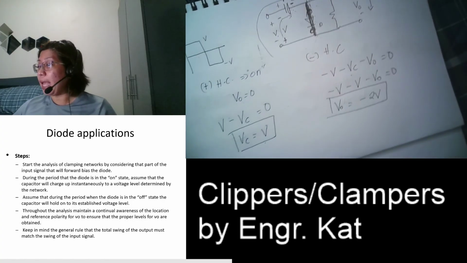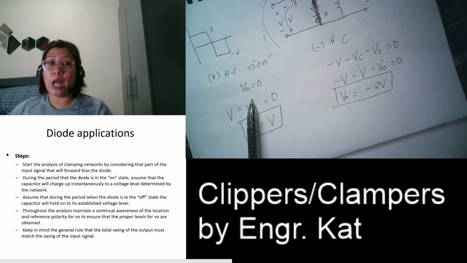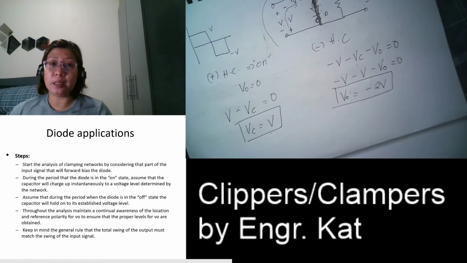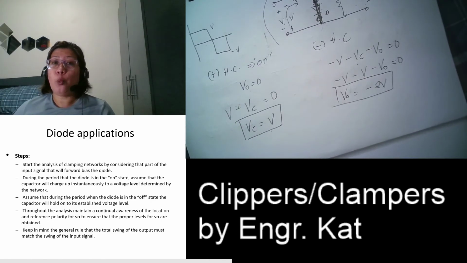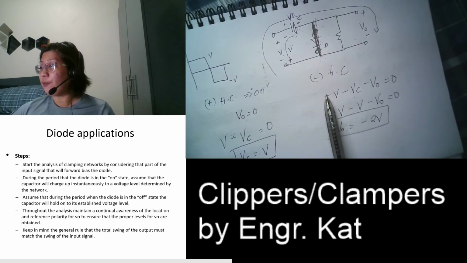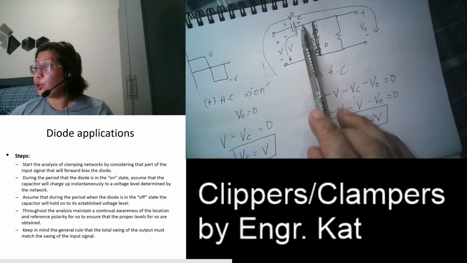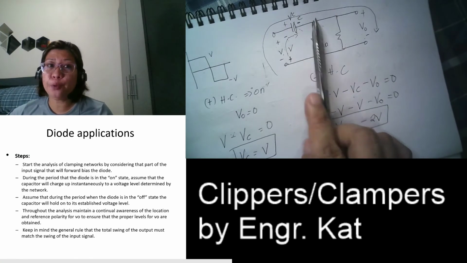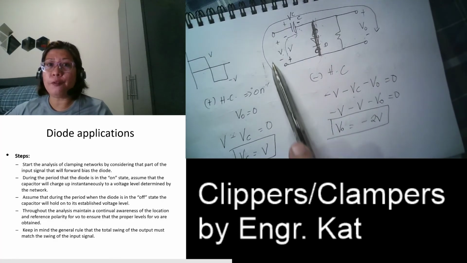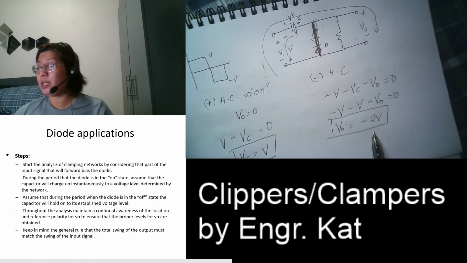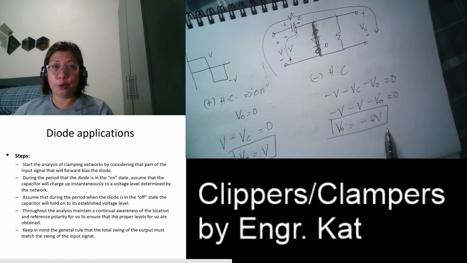So during the time that the diode is in the on state, our output is 0, but your capacitor is charging up to V. And then, when your diode is in the negative half cycle, your capacitor will hold on to its charged voltage, which is equivalent to V. And then, having a loop, we have an output which is equivalent to negative 2V.